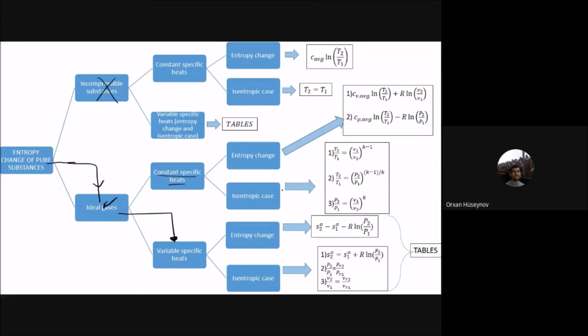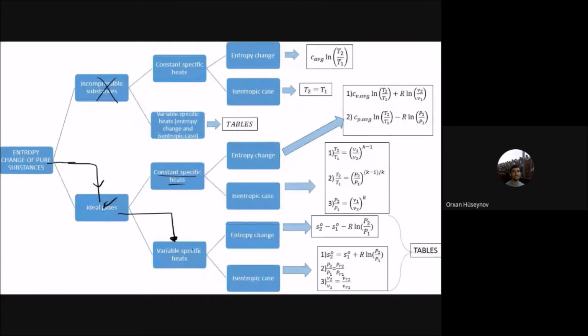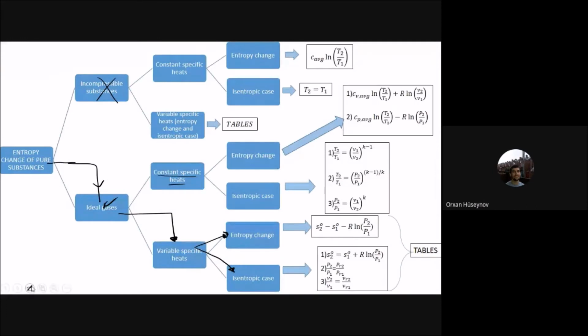Here I can find the entropy change from the table, or if it is an isentropic case, I can use these three equations. If you are interested in the entropy change, you can use this part. If you are interested in the isentropic case, you can use this part. But our question is all about isentropic processes, where you have the same entropy. Therefore, I'm not interested in the first part. So I will look for the isentropic processes, where you have a constant amount of entropy.